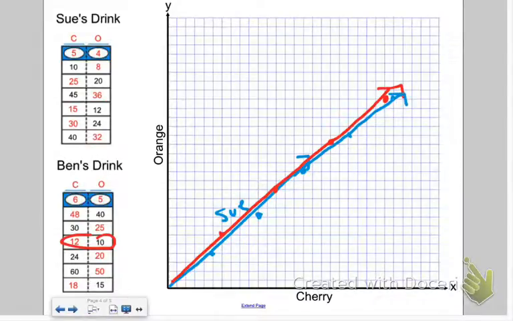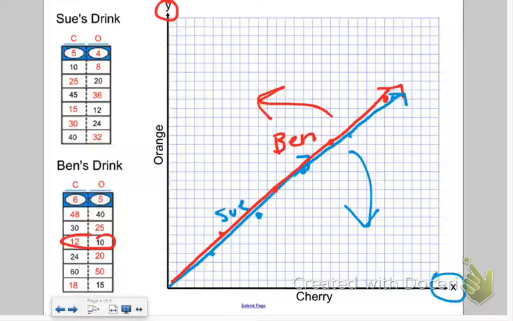Okay, so now I know that both recipes are very, very close. But take a look at the red line. The red line, if you remember, was for Ben. Ben's red line looks like it's closer to the y-axis, and Sue's blue line is closer to the x-axis.